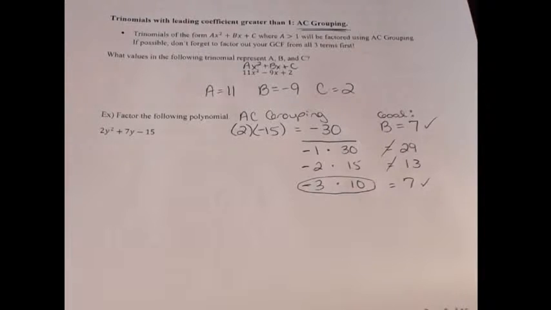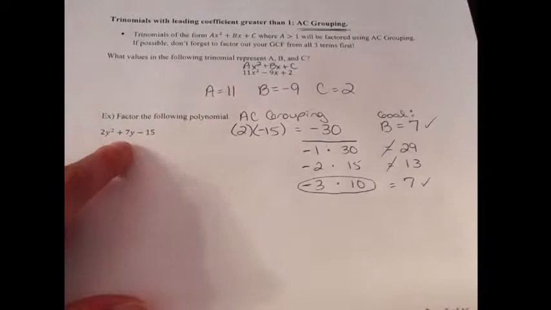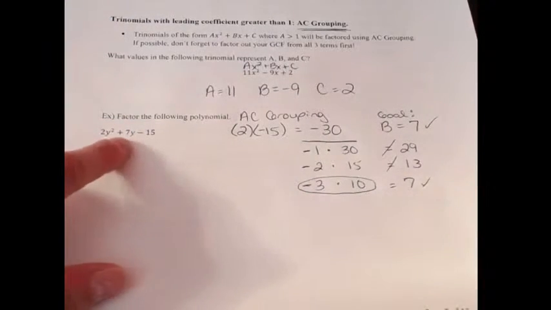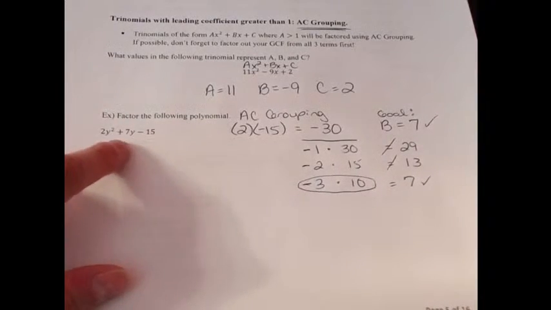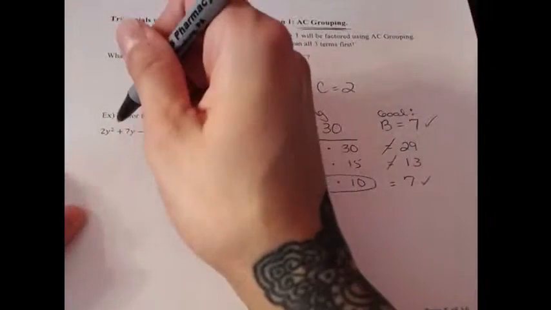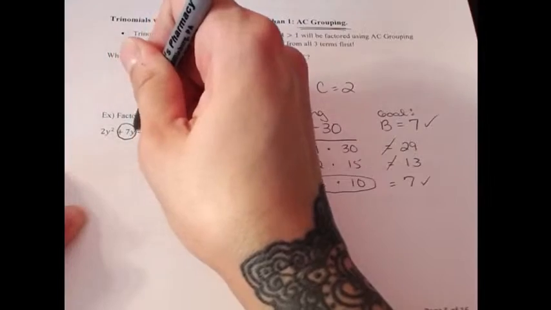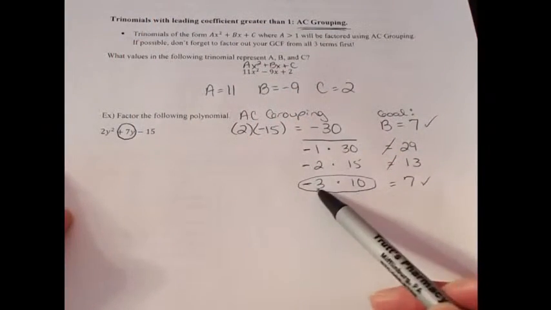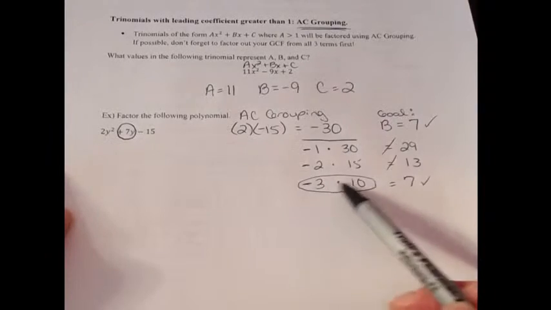But we only have 3 right now. So we're going to fix this. Negative 3 plus 10 is 7. Maybe I can take this 7y and replace it with these 2 values of y.